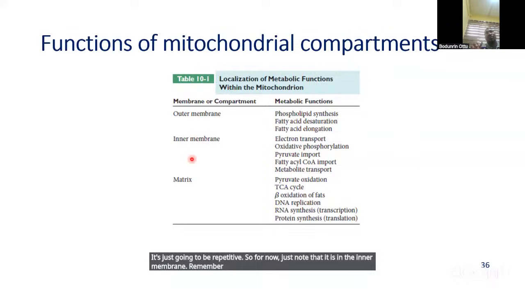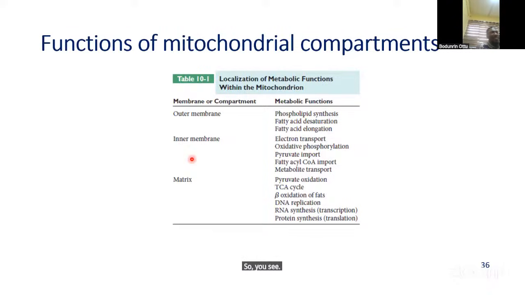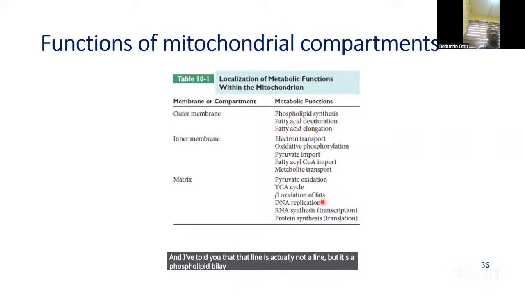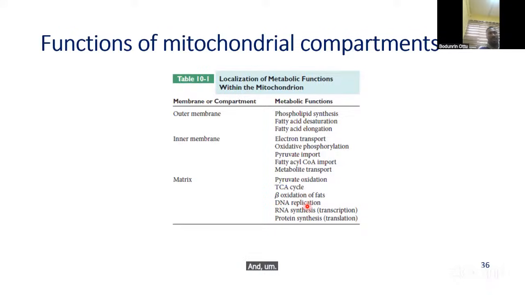Remember that I told you that the inner membrane is like a line. So you see, that line now is where this electron transport takes place. And I've told you that that line is actually not a line, but it's a phospholipid bilayer. And so you have the matrix. I told you that it has its own DNA, and DNA can undergo replication because of the central dogma.